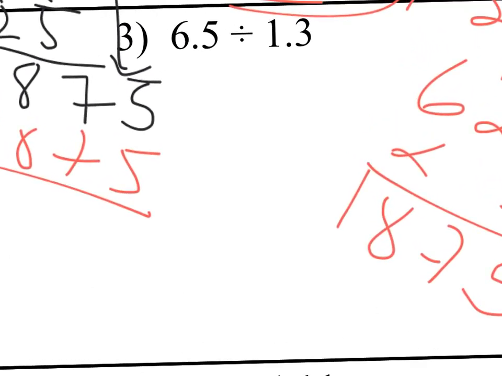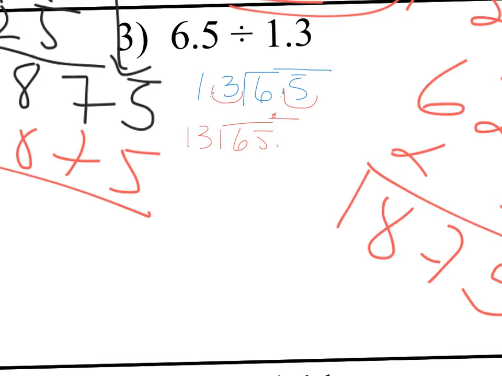Okay. So we have 6 5/10 in my dividend, and 1 3/10 on the outside of my box, the divisor. So I have to move my decimal one time. So I move my decimal in the dividend one time. So now I have 13 into 65. My decimal is going to be right here, right after the 65.